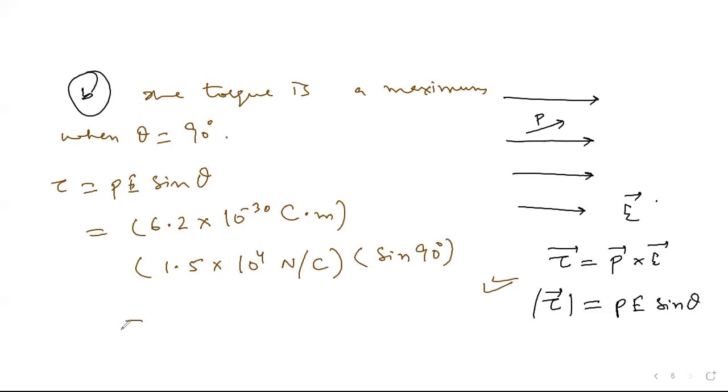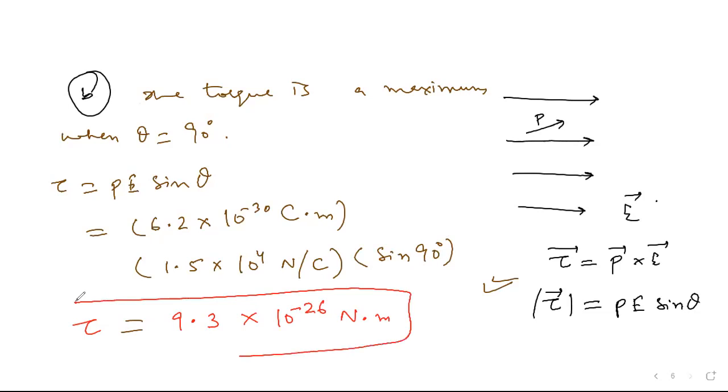So when you calculate it, the maximum torque turns out to be 9.3 into 10 raised to the power minus 26 newton meter. This is the answer of part B. Let me check it.